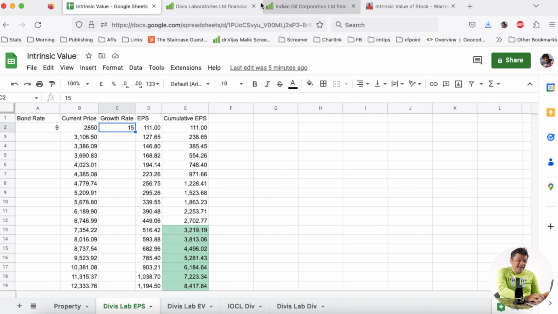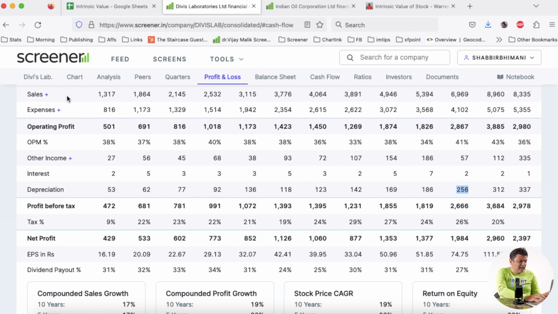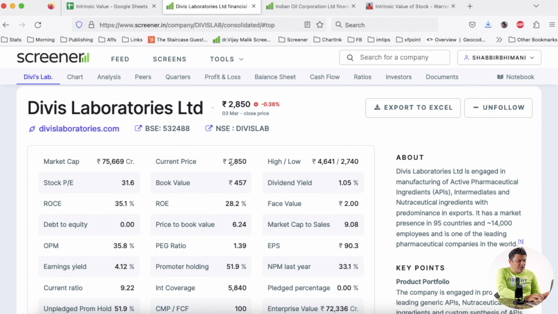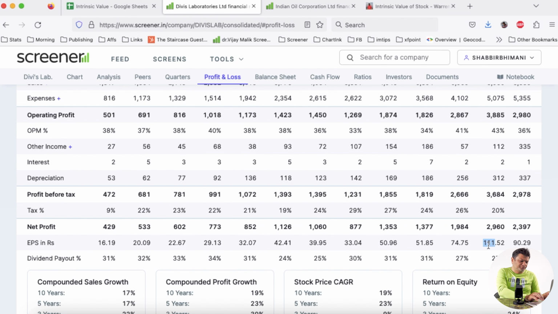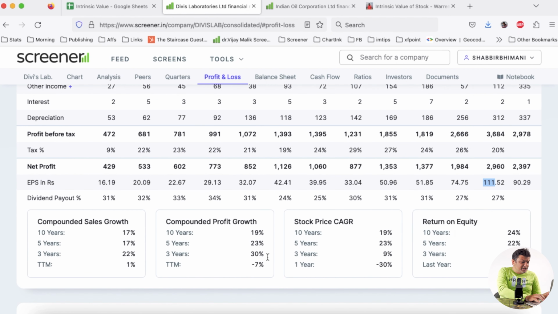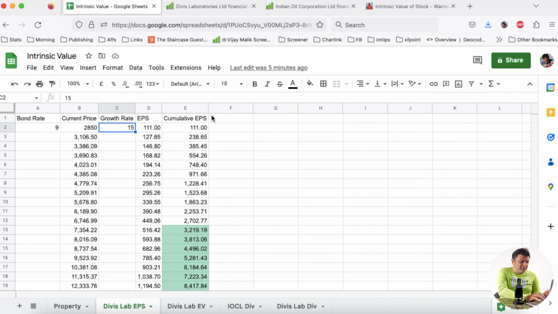The reason we have chosen 15% is because Divi's Lab is currently trading at 2850 rupees. It has an EPS of 111 rupees in the past year, and the average growth for the company has been in the range of 15-20% profit growth. So we have taken a conservative value of 15% at which the EPS keeps on growing.